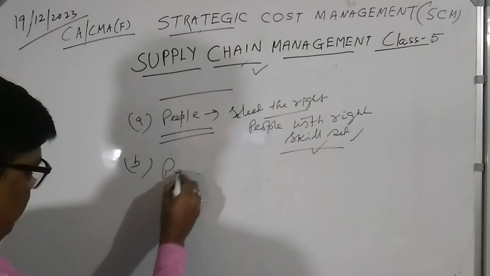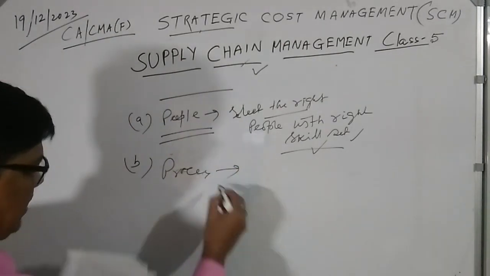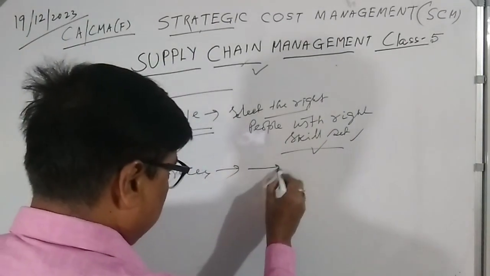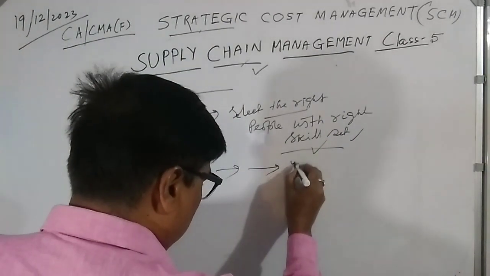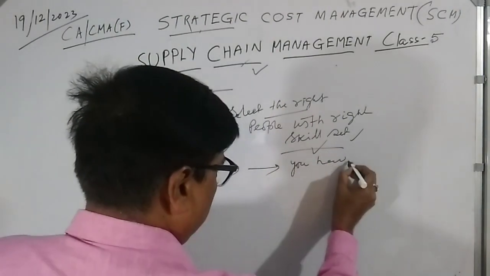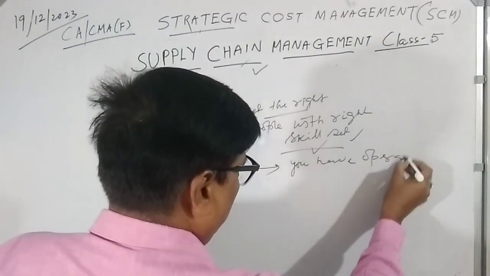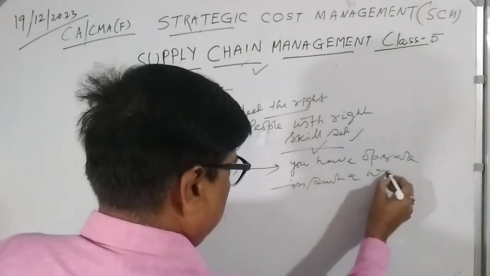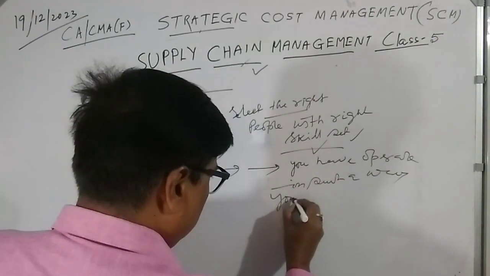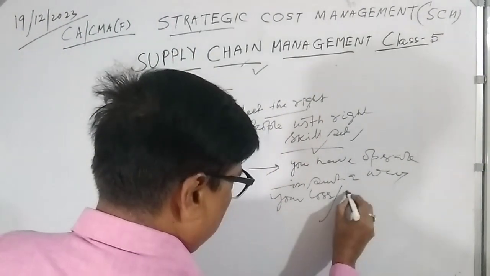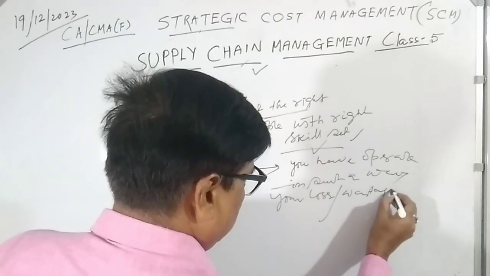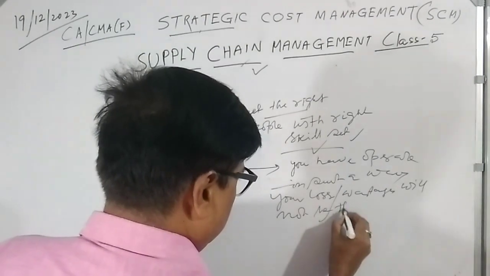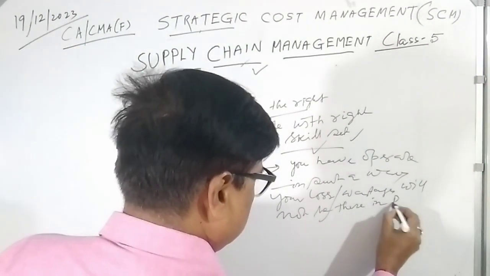Number two, process. Process is a very lengthy thing. In this process, you have to operate in such a way that loss or wastage will not be there in the process stage, right?